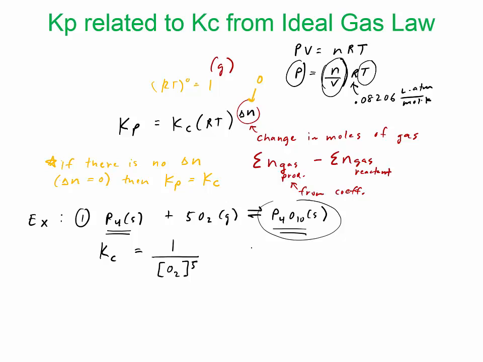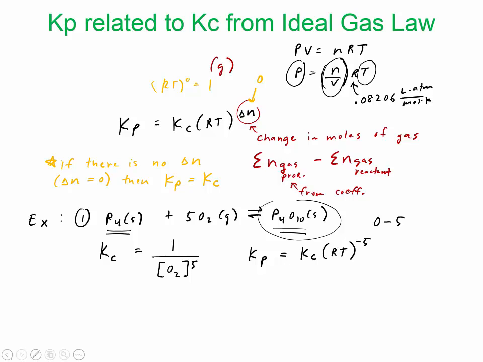Now, if you wanted to convert and write an expression for Kp, it would be Kc times RT to the, on your product side is 0 and your reactant side is 5, so it'd be 0 minus 5, a negative 5, so RT to the negative fifth power.